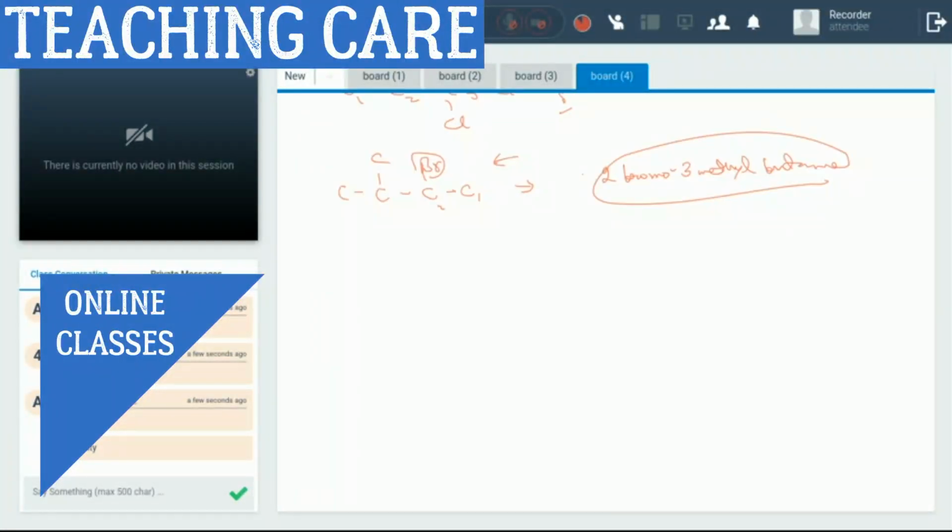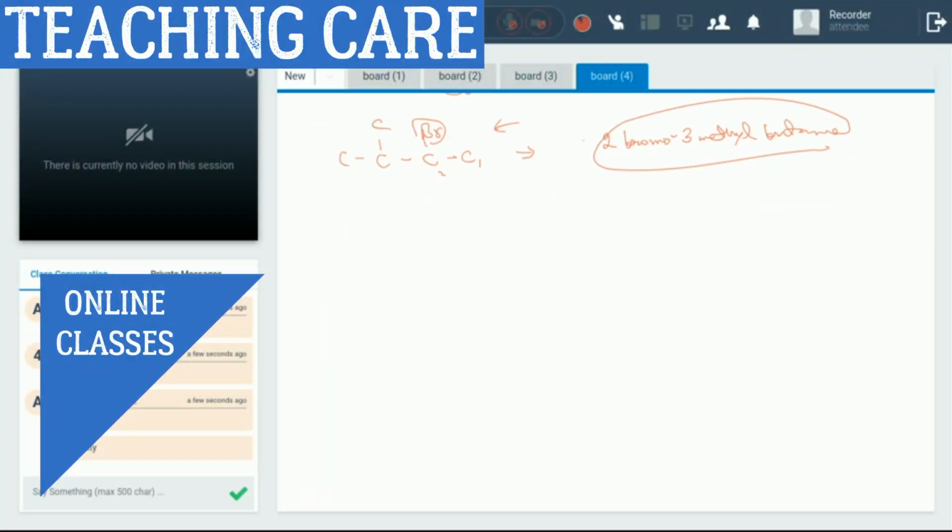Now let's ask about the unsaturated carbon. Unsaturated means when there is a double bond or triple bond. See, the double bond is at the one carbon and one, two, three, four carbon, so always go that side. It means one carbon and four carbon have a double bond.